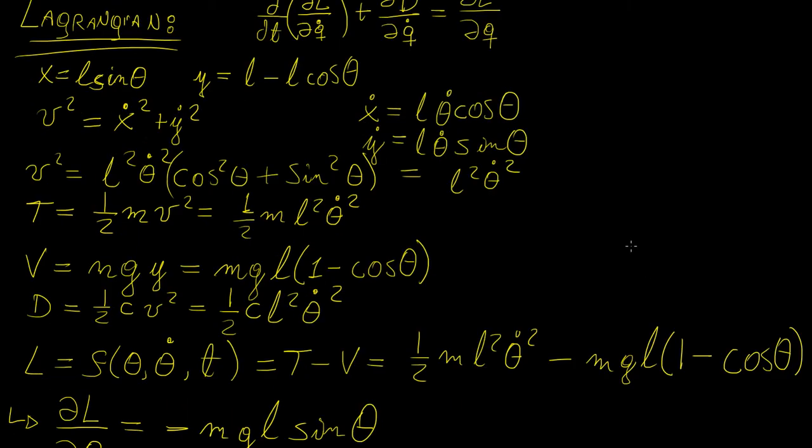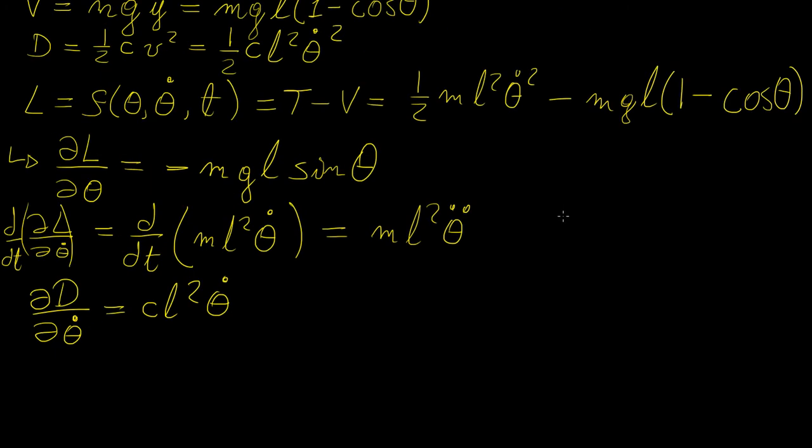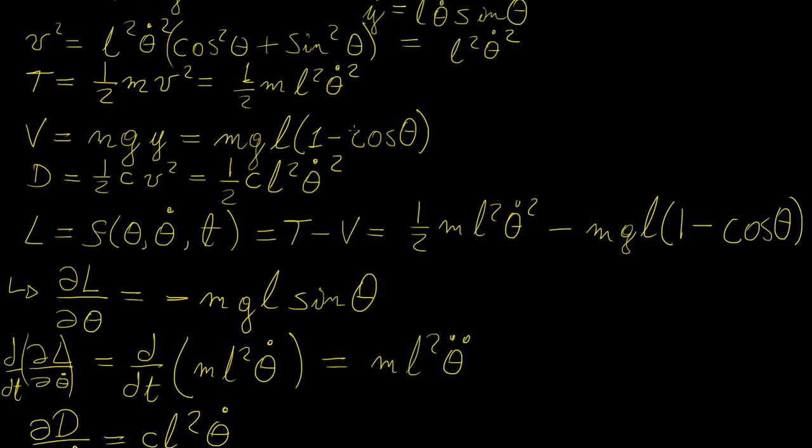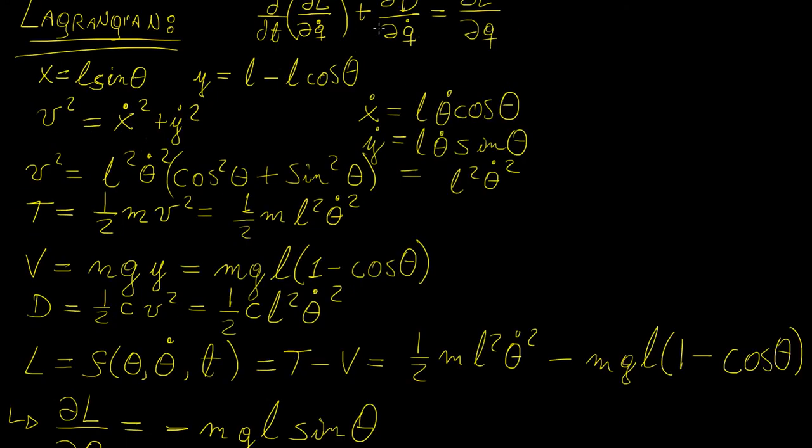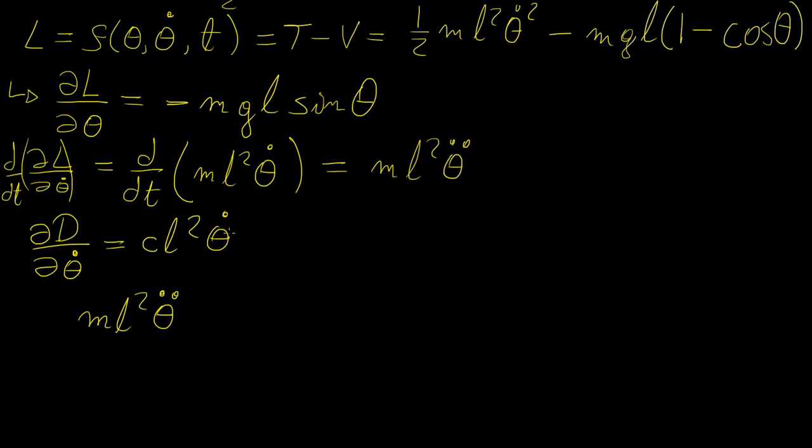So now if we go back to the original Euler-Lagrange equation, we're going to obtain the following equation of motion. So we're going to have ml squared theta double dot. Now to that we're going to add the dissipation energy term, which is this one here, plus cl squared theta dot equals minus mgL sine theta.